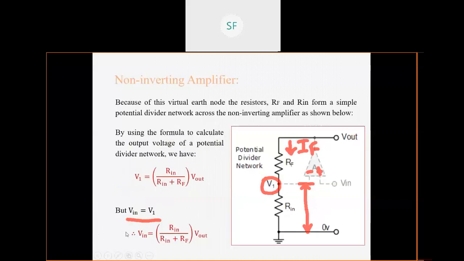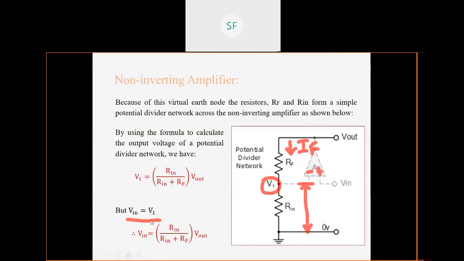So by this particular concept we got Vin equals V1. And what is V1? We have just found out that V1, by using the potential divider formula, is nothing but Rin divided by Rin plus Rf multiplied by V out.